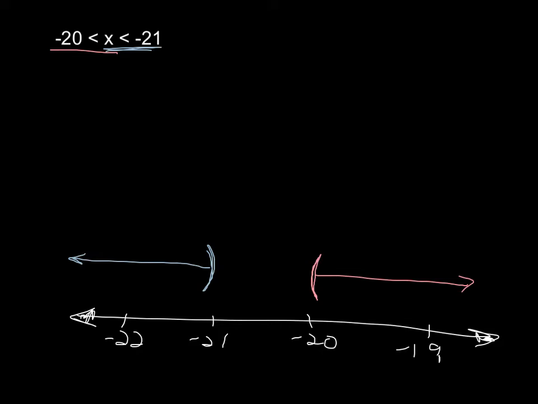The problem is that this is written as a single statement, which means we have negative 20 is less than x, and x is less than negative 21. So can we come up with a number that works for this equation? Let's try negative 19.